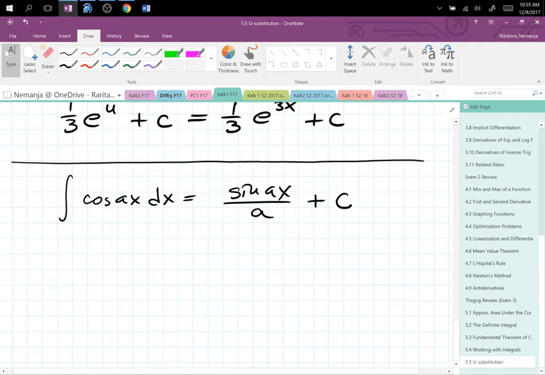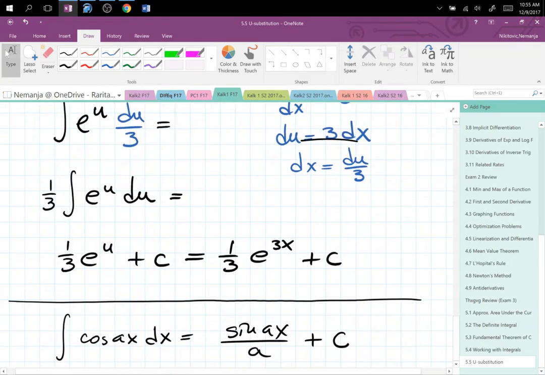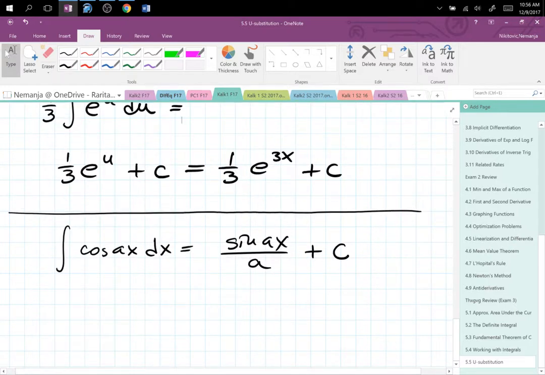But I'm going to do it differently now. I'm not going to solve this. I'm going to actually fix the constant within. So let's say you want to integrate cosine of, what is a? A is 3. Again? My go-to number.